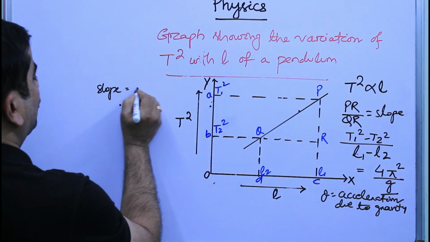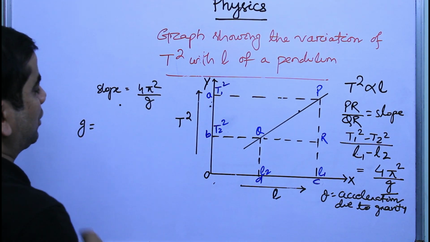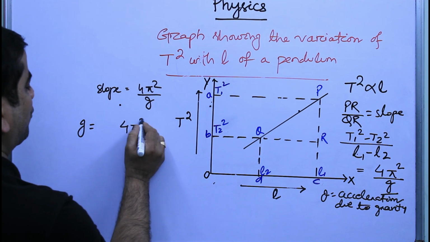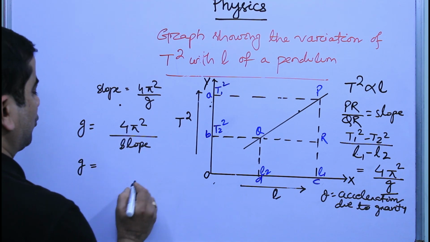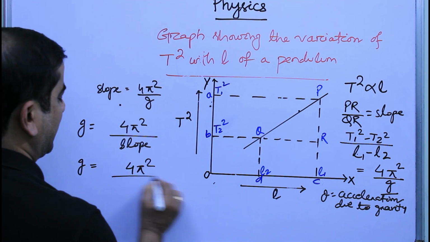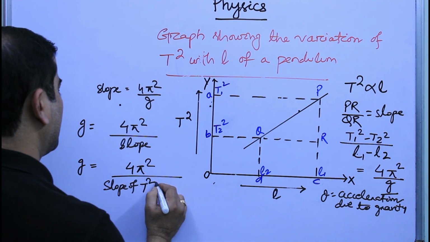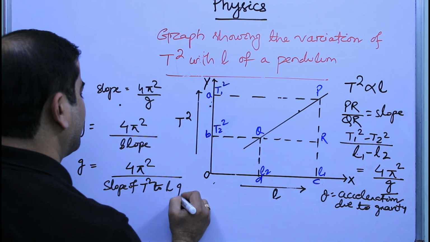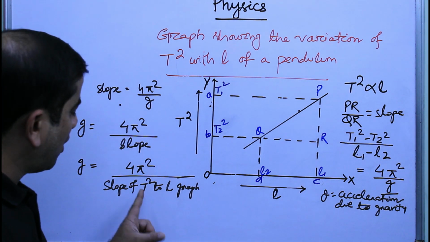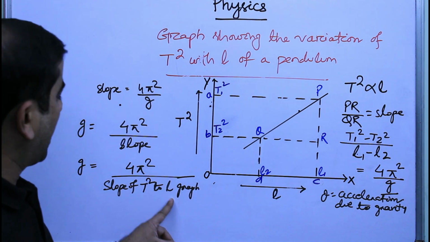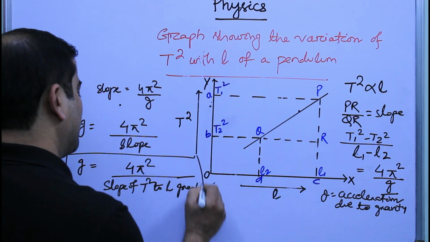So if slope is equal to 4 pi square by g, then acceleration due to gravity is 4 pi square divided by slope, or we can write that acceleration due to gravity is equal to 4 pi square divided by the slope of the time square to length of pendulum graph. So if we know the value of the slope of the time square to length graph and we know the value of 4 pi square, we can find the value of acceleration due to gravity.